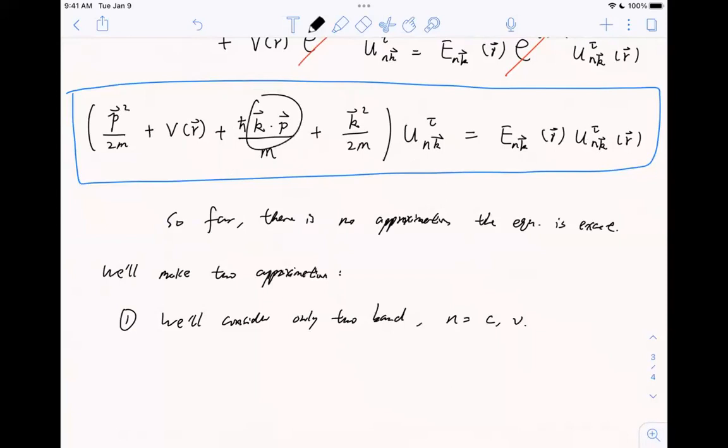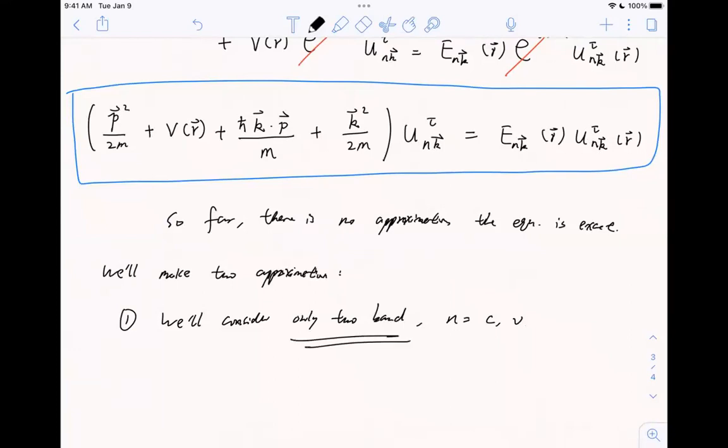This K dot P part, this is a derivative. P is a derivative. Once you do a derivative on the wave function, the outcome will be a mixture of all the bases. You get it? Okay, so it will mix.